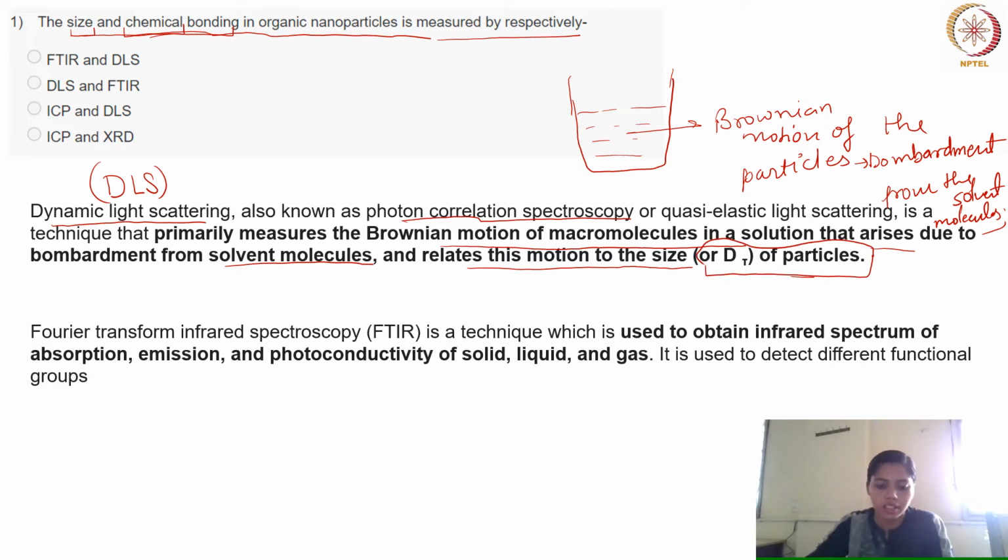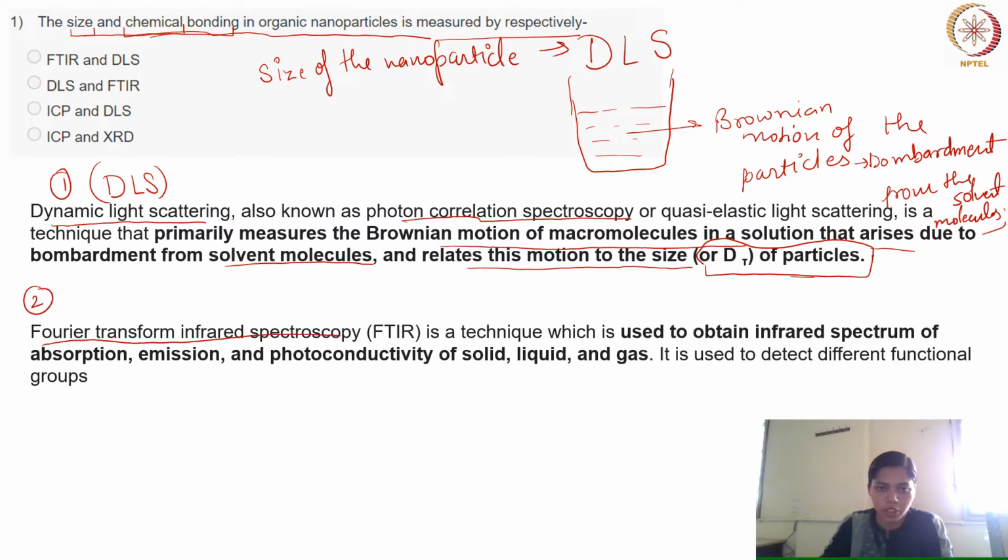So that means for calculating the size of the nanoparticle, the technique which is generally used is dynamic light scattering, which is your DLS technique. Okay. The second technique is Fourier transform infrared spectroscopy.